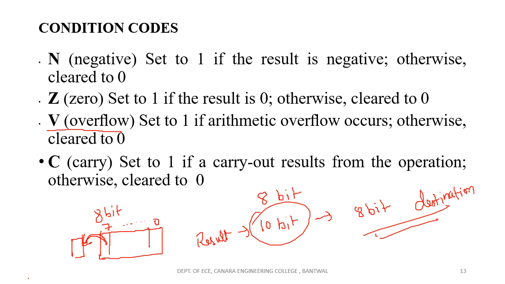Don't be confused: if you represent 8 bits, the locations are 0 to 7, then 8. If there is a carry from the 7th position to the 8th position, it can be indicated by setting the carry flag in the status register. This type of condition is indicated by the carry bit.